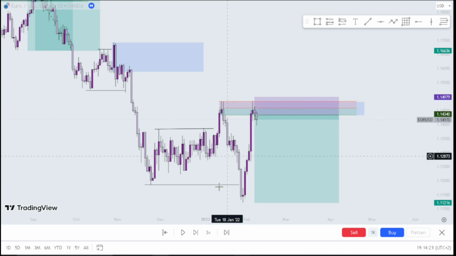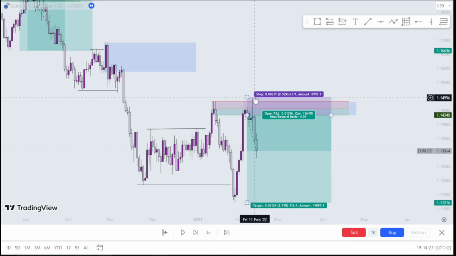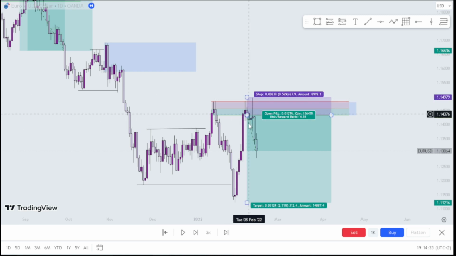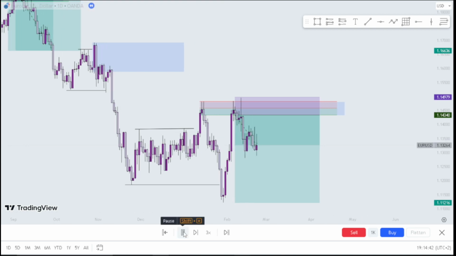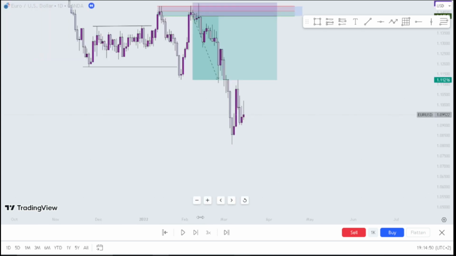Let's see. Oh, okay, so the market almost took us out here. So this is a reason why you want to give your order block room, as the market sometimes has a small wick above the order block. Let's continue and see what happens. And in this scenario, would have hit our target. So let's see what happens.